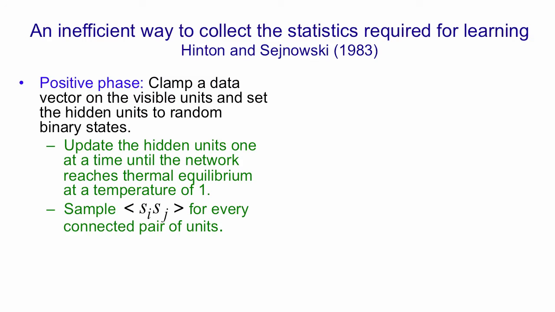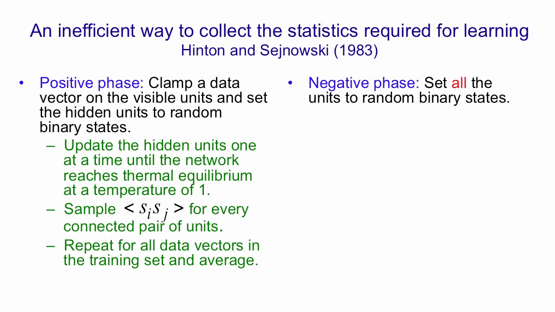And then once you reach thermal equilibrium, you sample how often 2 units are on together. So you're measuring the correlation of i and j with that visible vector clamped. You then repeat that over all the visible vectors, so that that correlation you're sampling is averaged over all the data. Then in the negative phase, you don't clamp anything. The network is free from external interference.